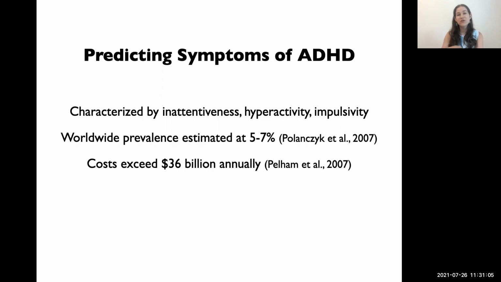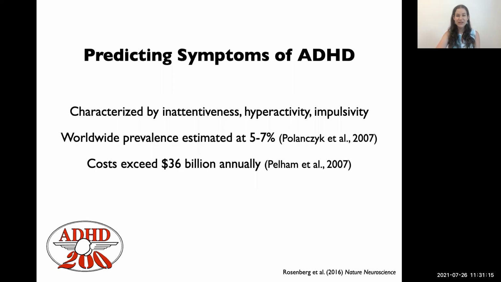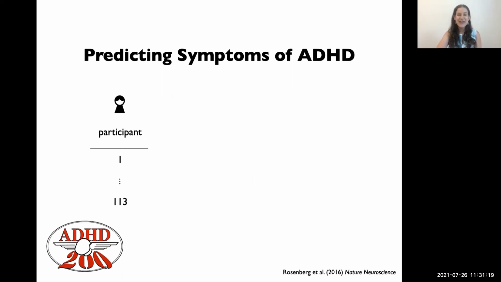So to ask whether our model generalizes to a totally independent developmental fMRI dataset to capture this real-world measure of sustained attention function, we looked at a publicly available dataset, the ADHD 200 sample. This sample, as I mentioned, included functional MRI data from 113 children and adolescents between the ages of 8 and 16.